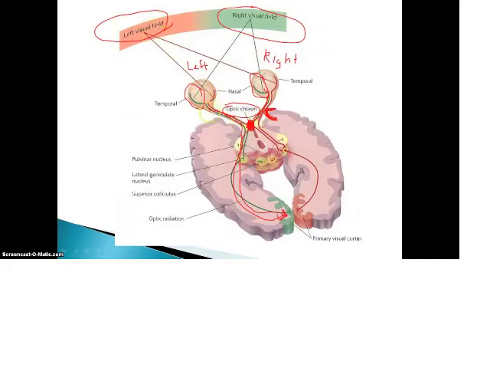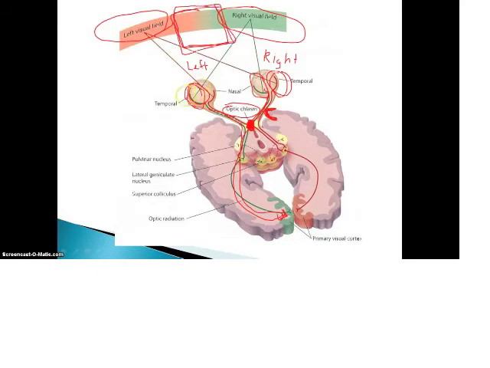So the temporal fibers are unaffected. Those are these regions right here. These guys are still unaffected. However, these are the ones that handle stuff on the inside. So if you have a tumor pressing up against the optic chiasm, you're still going to be able to see, but you're going to have tunnel vision. Stuff that's right in the middle of your body is all you're going to be able to see.